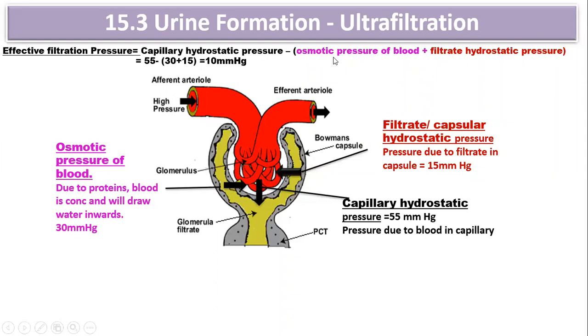That is opposed by the osmotic pressure of the blood because of the protein, which is around 30 mm of mercury column, plus filtrate hydrostatic pressure, which is exerted by the glomerular filtrate or primary urine or deproteinized plasma, which is approximately 15. So 55 minus 30 plus 15 becomes 10 mm of mercury column. This is known as effective filtration pressure or net filtration pressure within the Bowman's capsule.